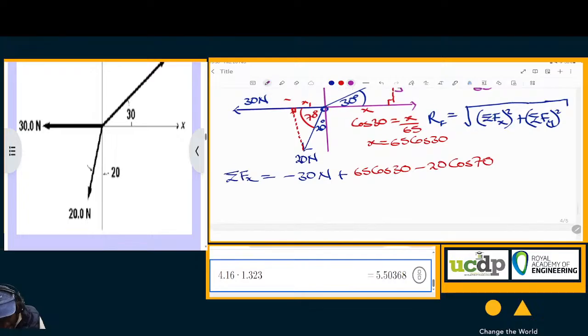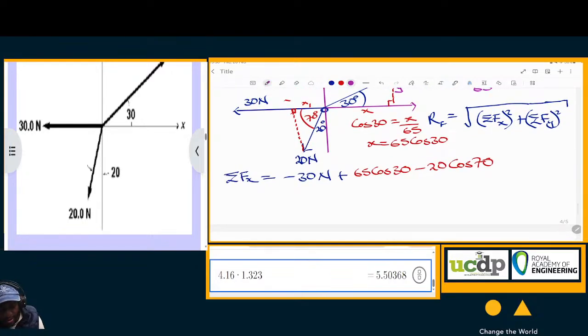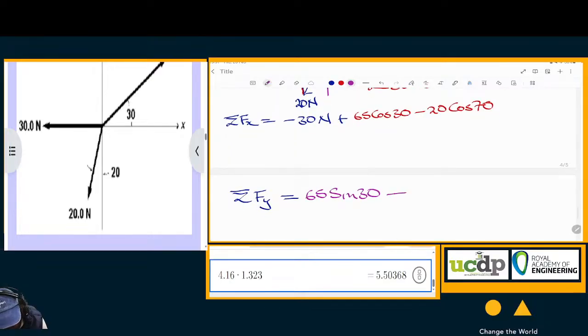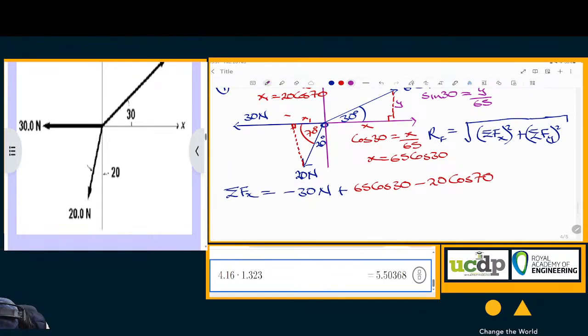It's in the positive. Then we've got that 20 newton force, which is in the negative, so that becomes minus. If you form a right angle triangle there, this becomes your y1, which is your adjacent in this case, because it's in between your angle and the right 90 degrees. So you've got your adjacent and hypotenuse, which is 20.